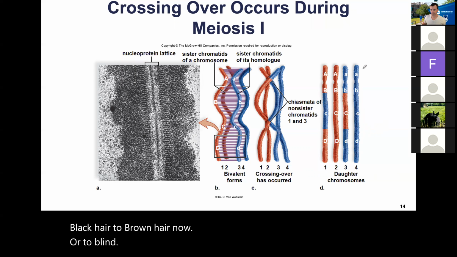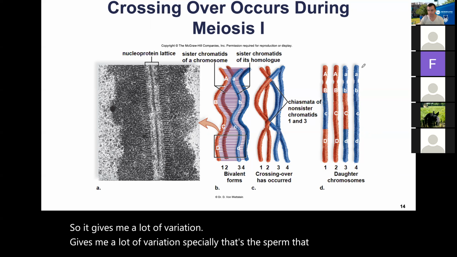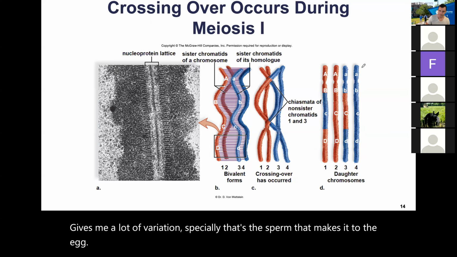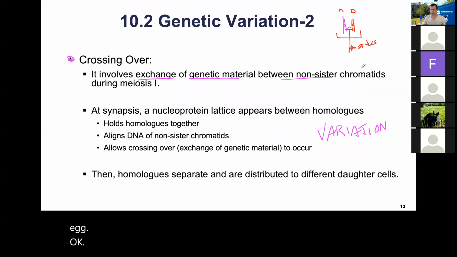Okay. So it gives me a lot of variation, especially if that's the sperm that makes it to the egg. Okay. So we get an exchange of genetic material, and this gives us variation.